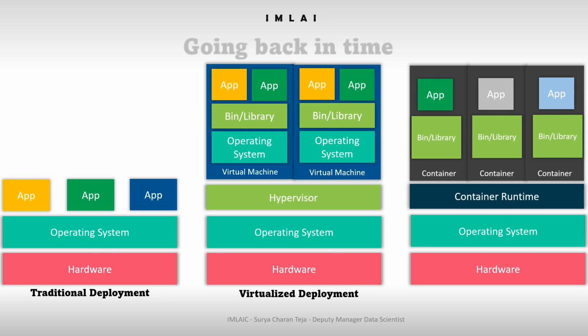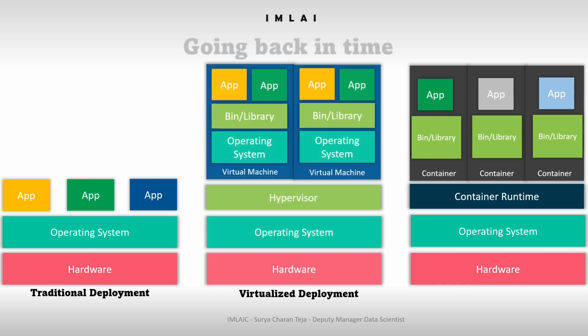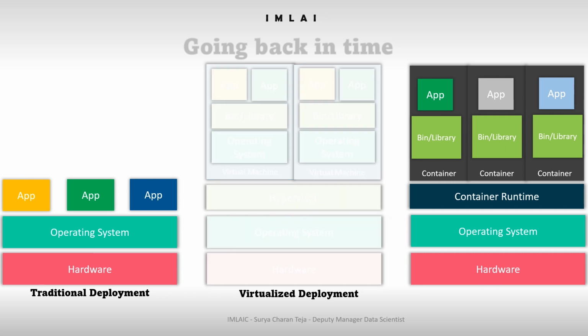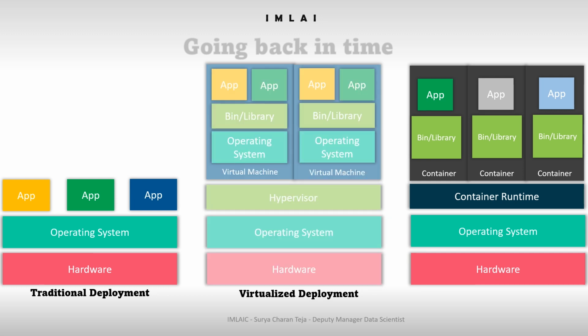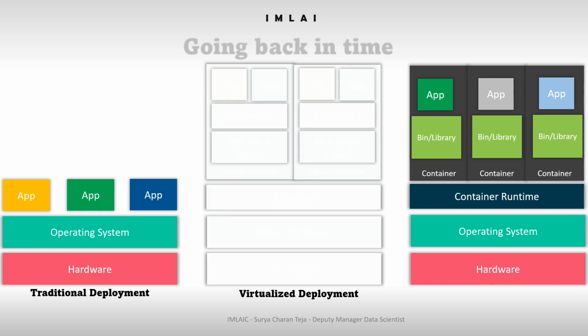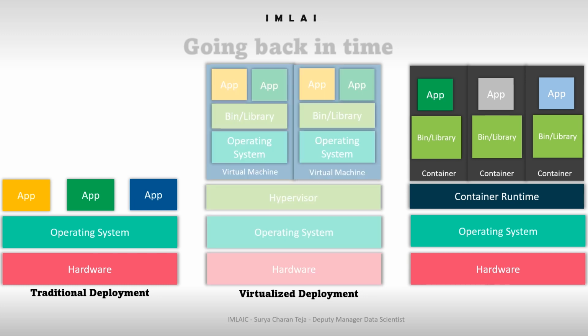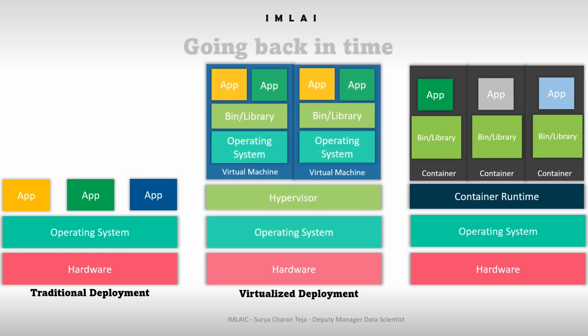Virtualization allows applications to be isolated between VMs and provides a level of security, as the information of one application cannot be freely accessed by another application. So virtualization allows better utilization of resources in a physical server and allows better scalability because an application can be added or updated easily, and it reduces hardware costs.